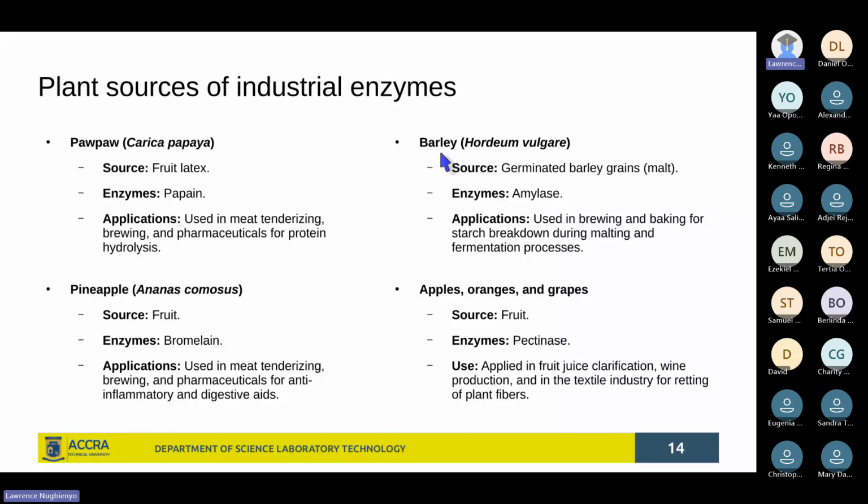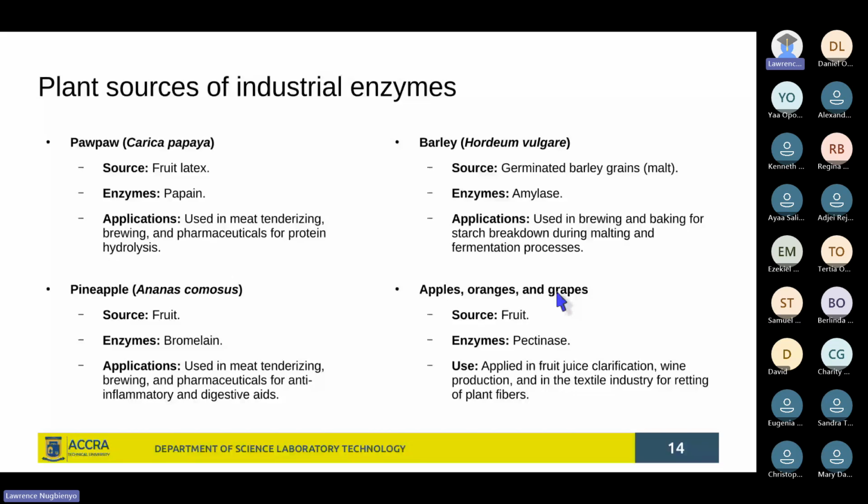The enzyme bromelain can be gotten from pineapple, also used in meat tenderizers. It also has that digestive effect on meat, which is why some people use pineapple juice to soften meat, for instance.